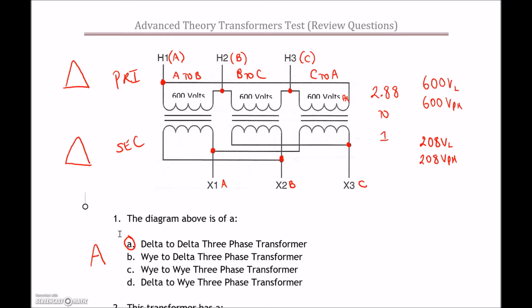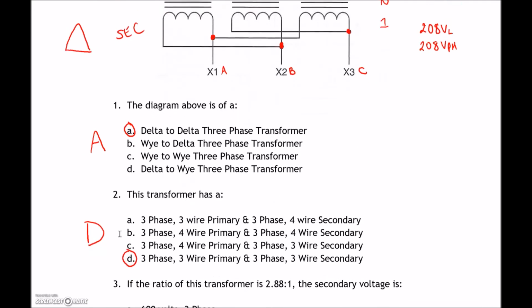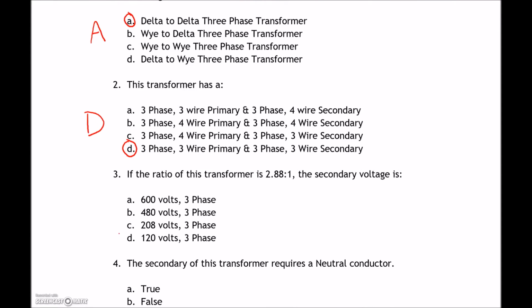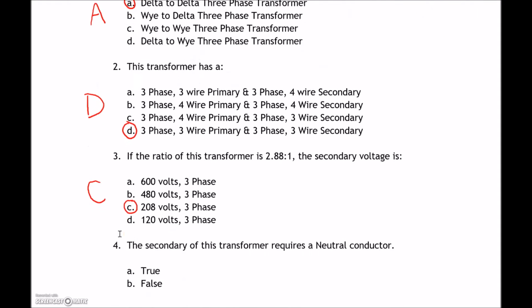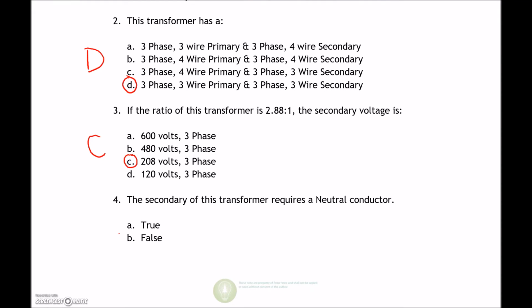Okay, so let's scroll down and see what they were asking us for. Secondary voltage. I haven't specified line or phase, but we know that they're identical. So 3 is C. Secondary, the transformer requires a neutral conductor. Well, for this guy, we have no reference for the neutral whatsoever. It's a delta. So for this guy, we do not need a neutral.